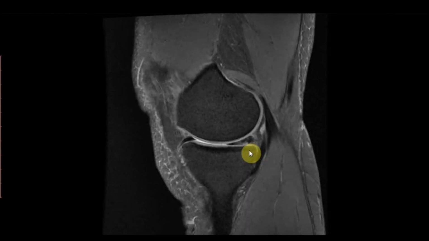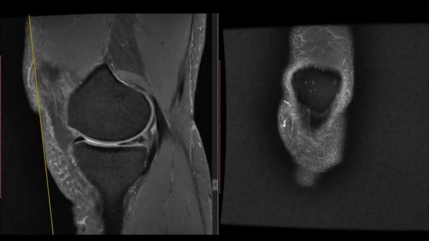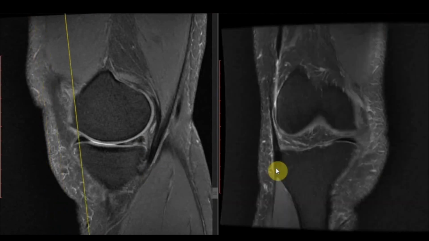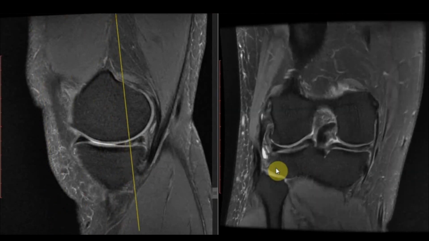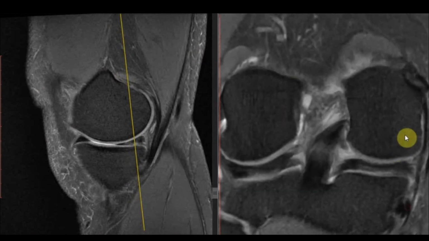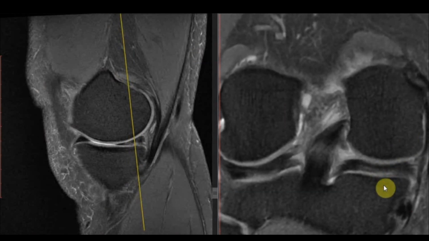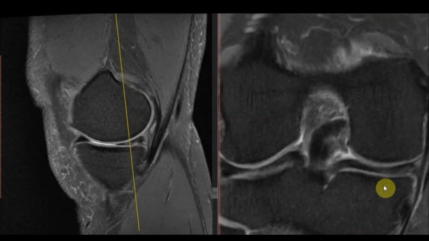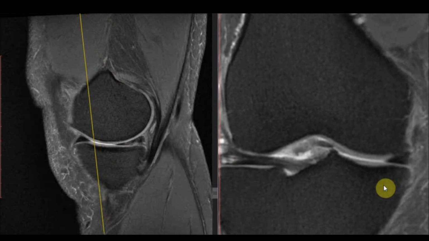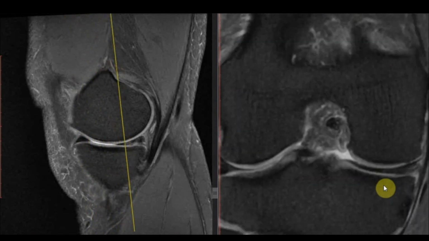So there is fraying along the inferior leaflet of the meniscus. As we can see, there is slight fraying involving the inferior leaflet of the posterior horn of medial meniscus. The root attachments are normal.